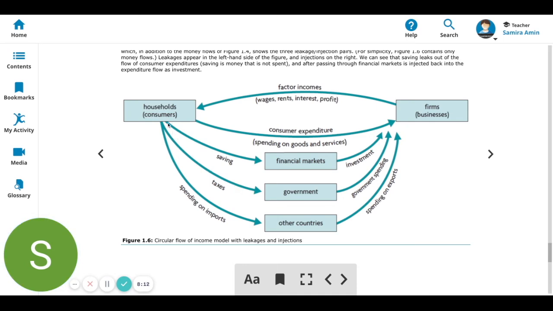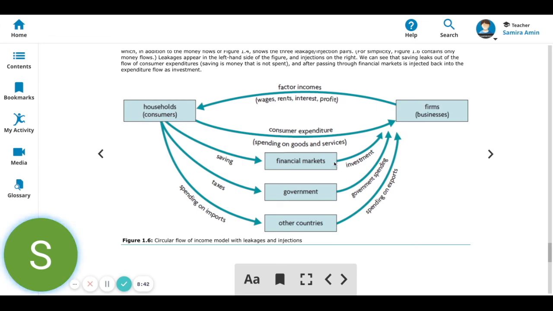Okay, so households have to pay those taxes to the government, and then the government in turn will spend money in the economy, and they would spend that money probably on a hospital or school, like we just said. Okay, so that spending by the government is actually an injection because it's going into the economy, whereas those taxes are a leakage because it's not really directly going into the economy.